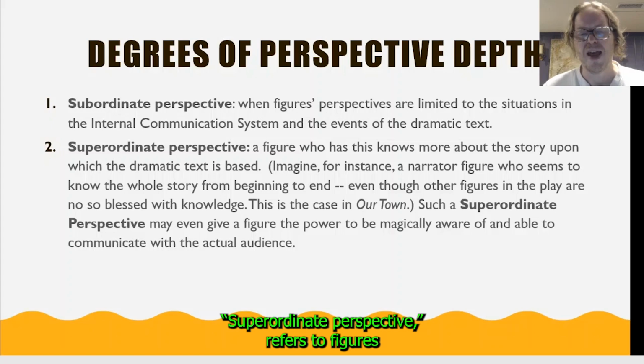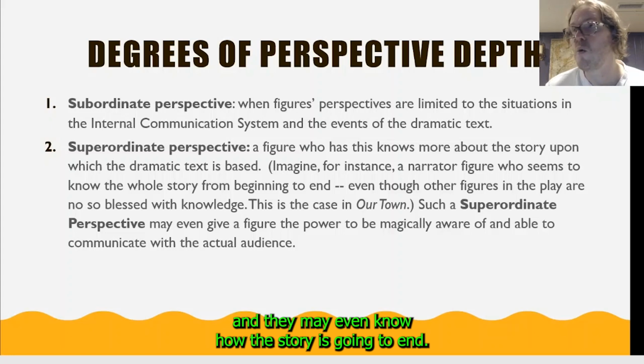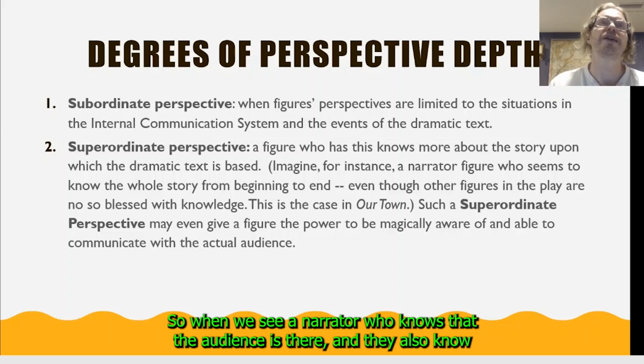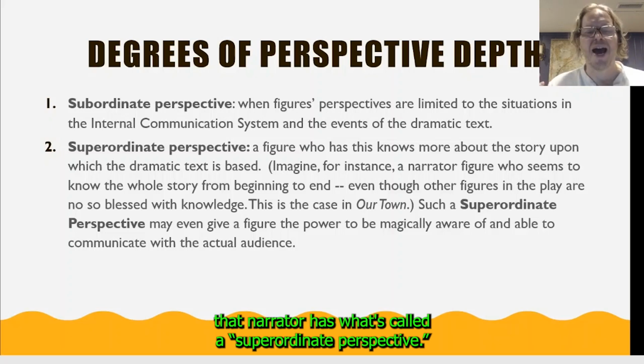Superordinate perspective refers to figures who know more about the story upon which the play is based, and they may even know how the story is going to end. They may even know the audience is there and talk to them. So when we see a narrator who knows that the audience is there and they also know everything that's going on in the minds of the characters of the play, that narrator has what's called a superordinate perspective.